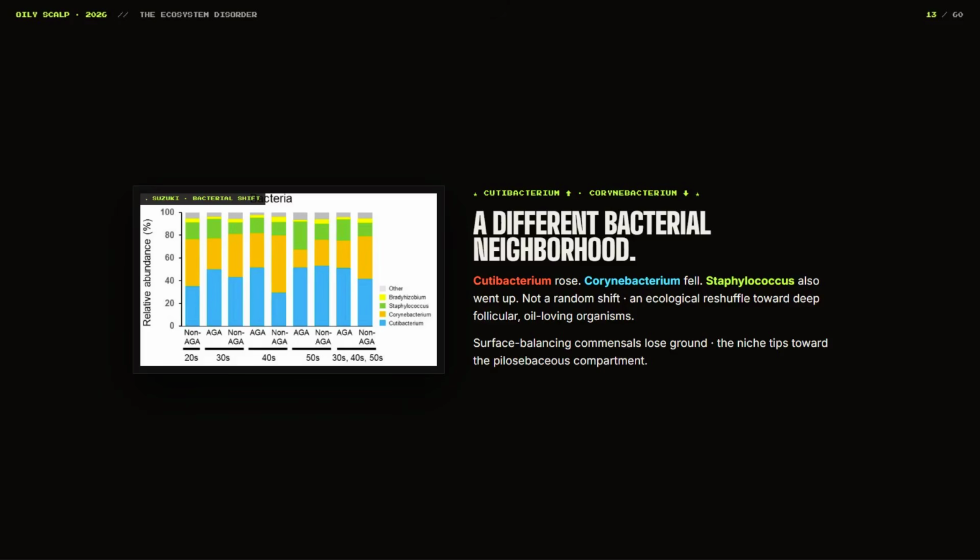However, the Corynebacterium species prefer aerobic or microaerophilic conditions, so conditions that tend to favor oxygen. This means they're going to thrive in more moist environments, but they can't effectively compete deep in the sort of sealed and suffocating environments that have sebum blockage.